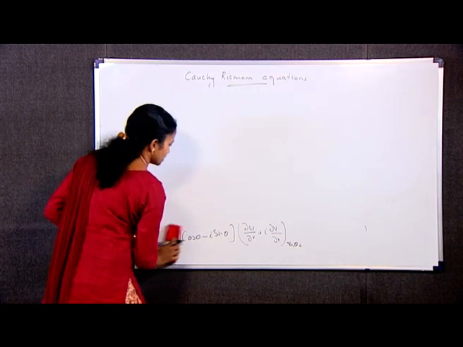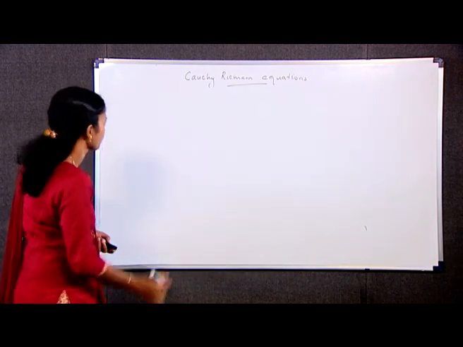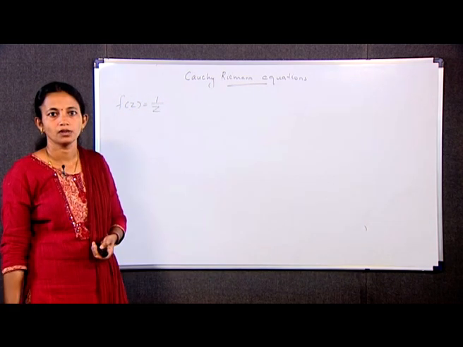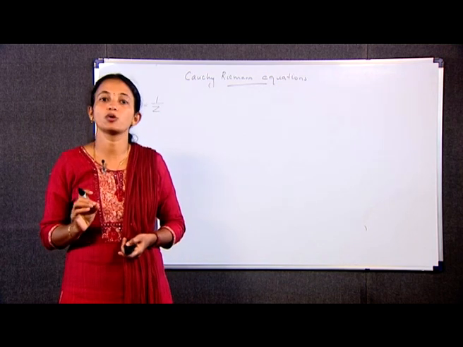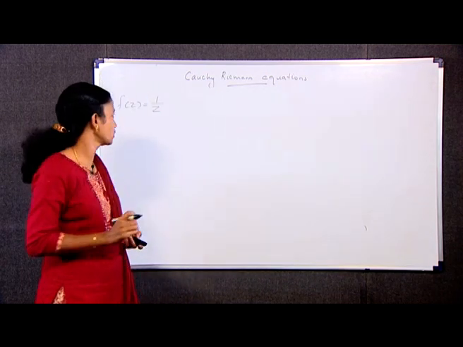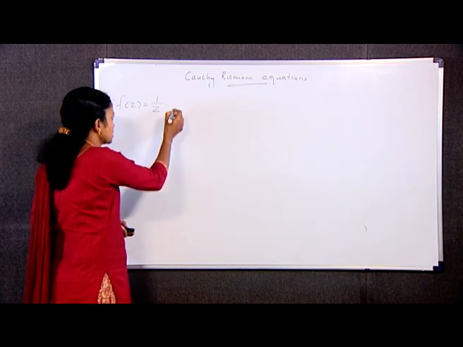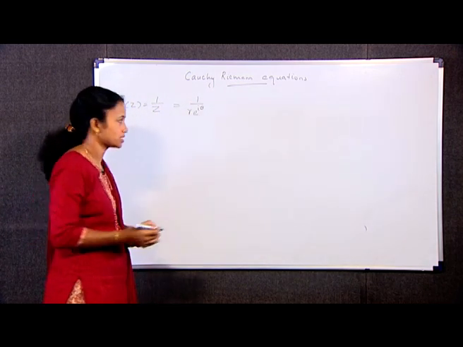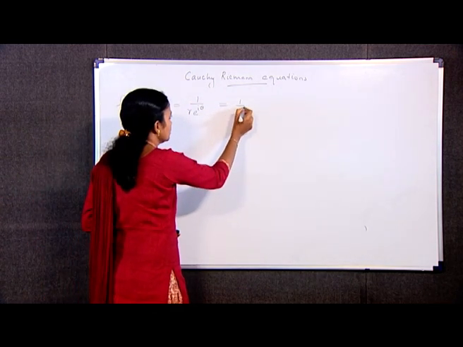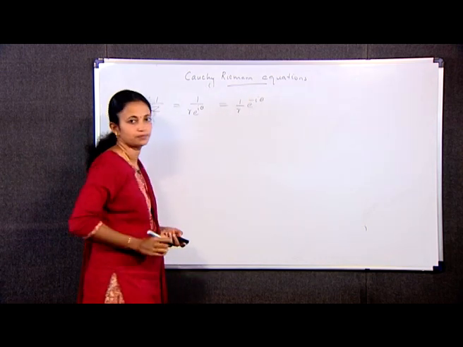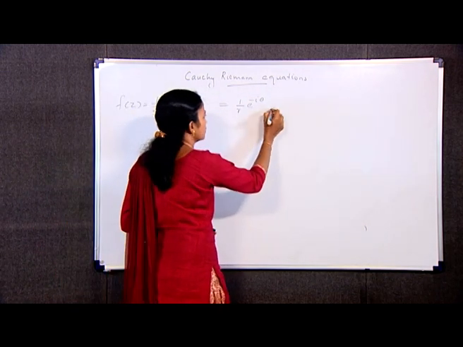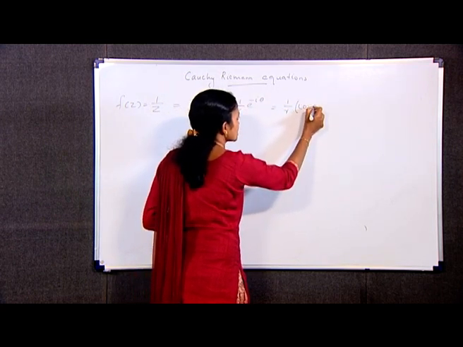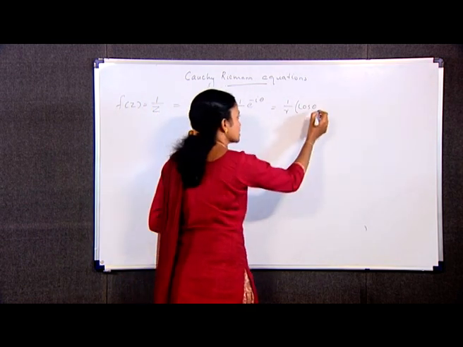Here the function is defined at non-zero points, and f z equal to 1 by z can be written as 1 by r e raised to i theta, which is equal to 1 by r into e raised to minus i theta, which is 1 by r into (cos theta minus i sin theta).